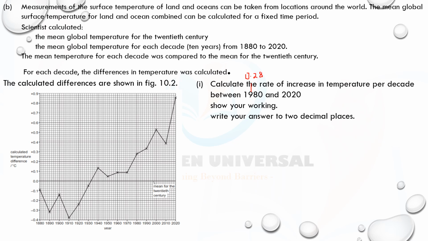Now for 2020, help me calculate it. That's the last one. That's 0.8 plus how many boxes? 3 boxes. That's 0.86. So that is 0.86.